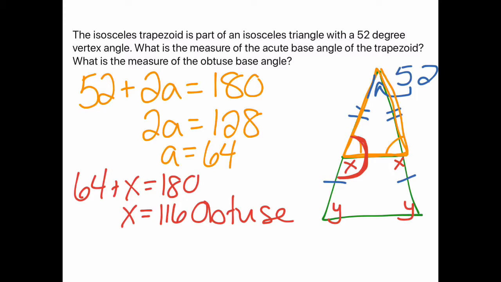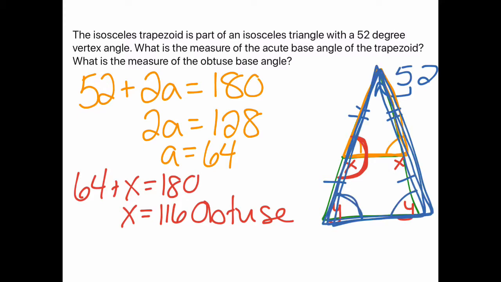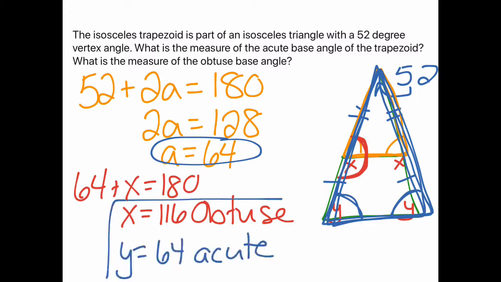It also has a vertex angle of 52, which means its base angles, y, are the same as 64. And because 64 is less than 90 degrees, this is the acute base angle. And so these two are your answer right here.